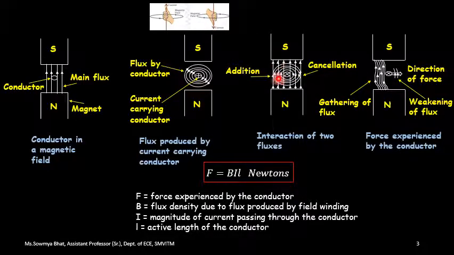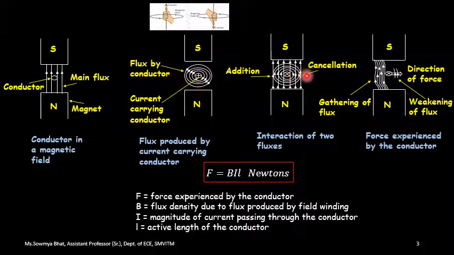So towards the left side, if you see, the direction of the main flux as well as the direction of the flux by the current carrying conductor, both are in the similar direction, which means that both of the fluxes will get added up together since both of them are in the similar direction.